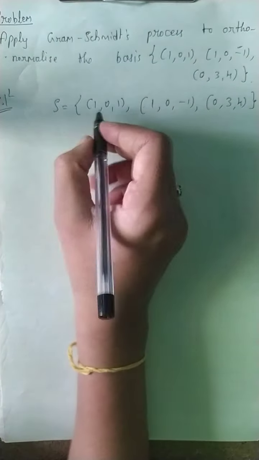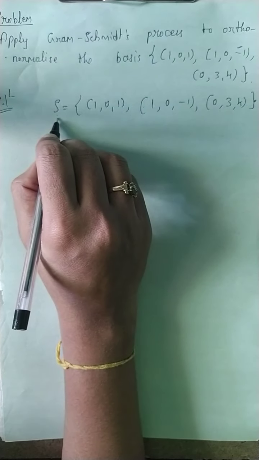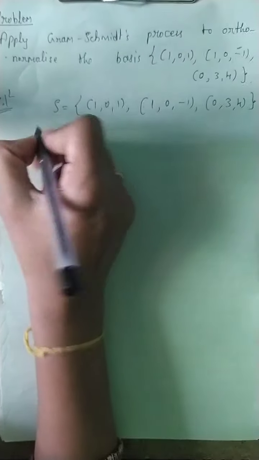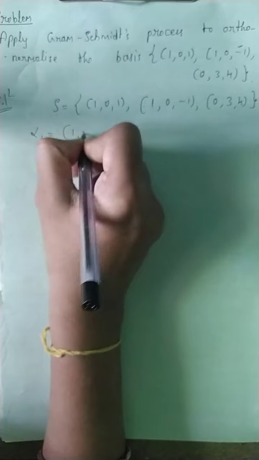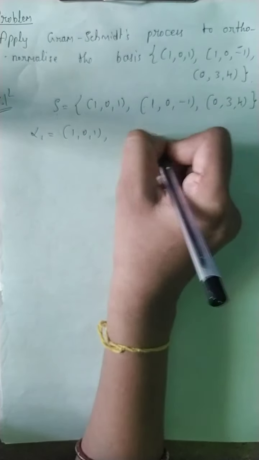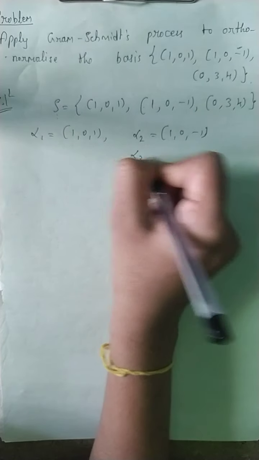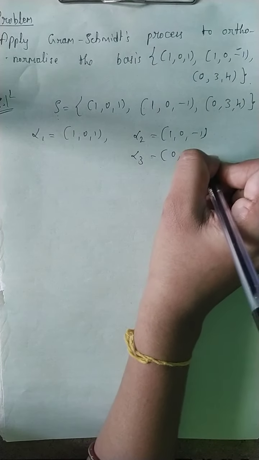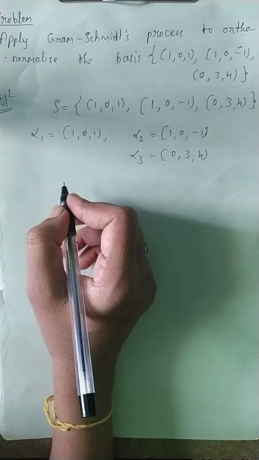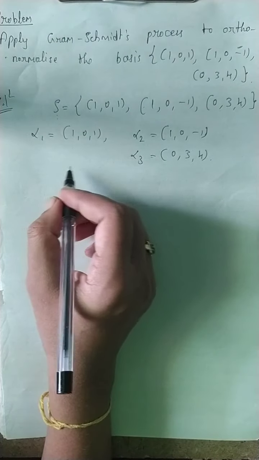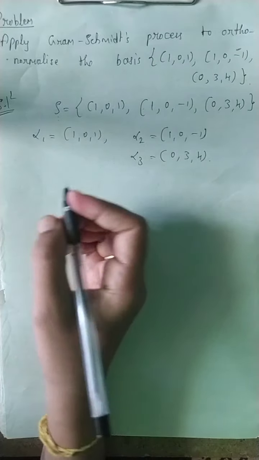So S is the given basis, which contains three vectors: alpha 1 is (1, 0, 1), alpha 2 is (1, 0, minus 1), and alpha 3 is (0, 3, 4).